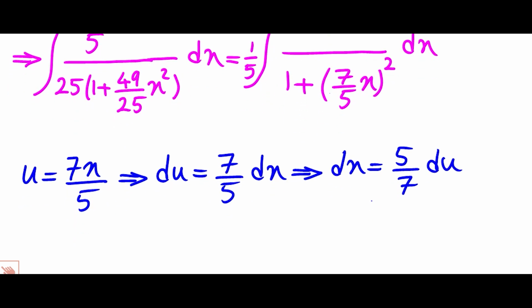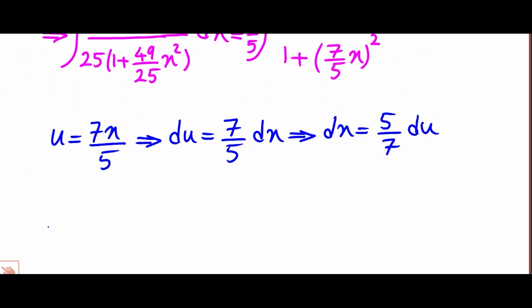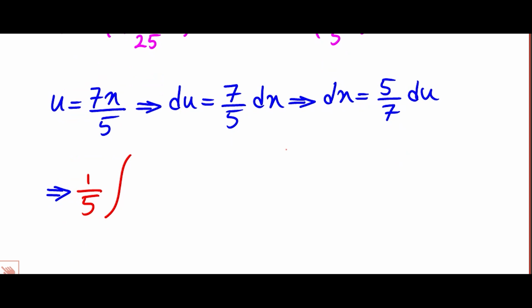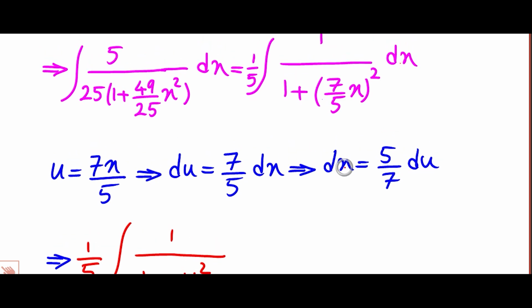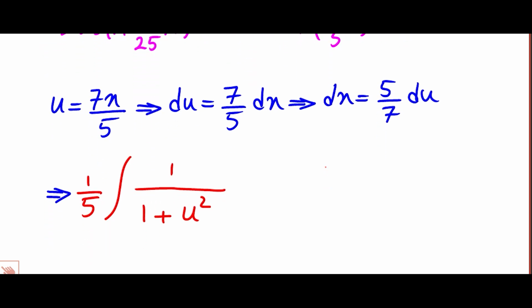We have 1 over 5, the integral of 1 over 1 plus, since 7 over 5 x is u, we have u squared, and dx equals 5 over 7 du.